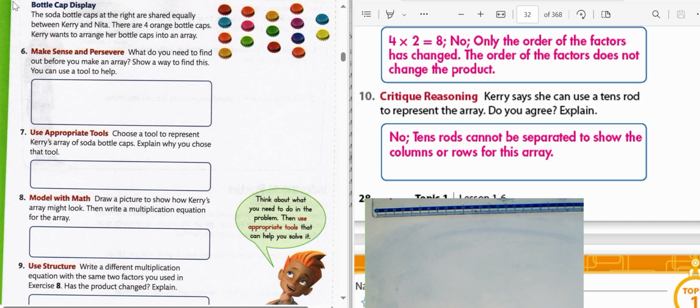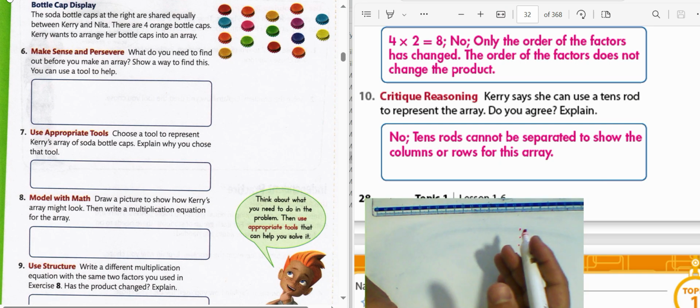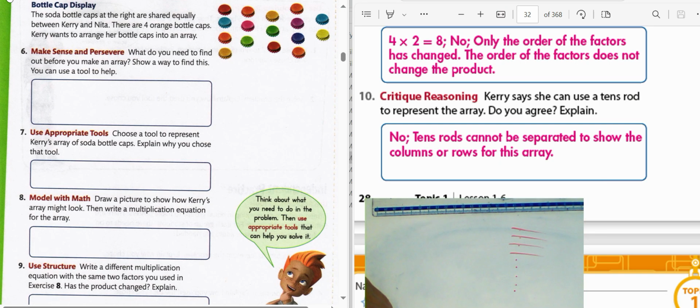Do you agree or not? No, because tens rods can't be spread into the columns or rows for this array. Okay, it's wrong. Do you agree or not? No. We could do it if we had tens, like 1, 2, 3, 4, 5, 6, 7, 8, 9, 10. But we can't because we have only 4 elements. 1, 2, 3, 4 only, not 10. So we can't use the column of tens in this example. Okay, this is question number 10.